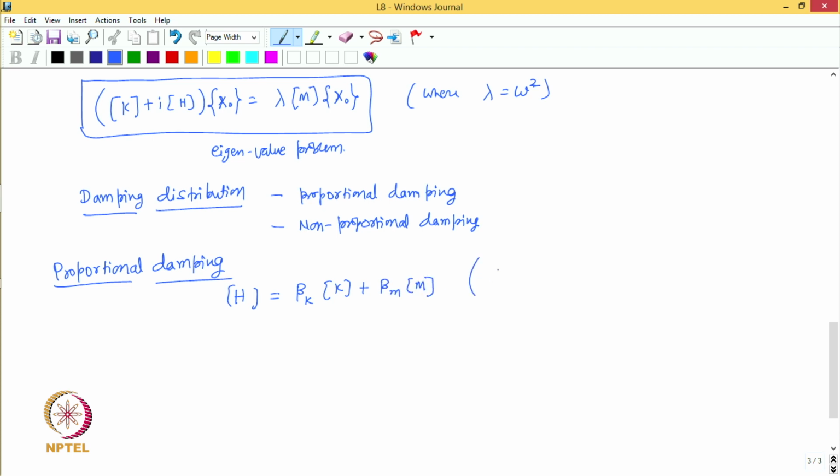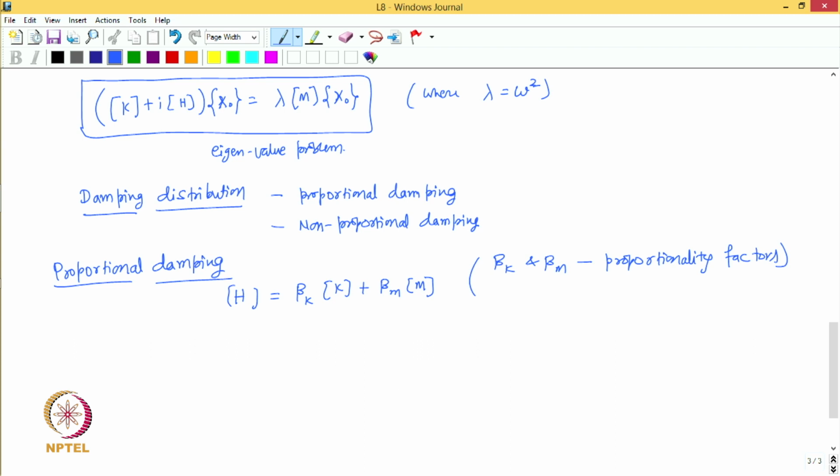Here beta k and beta m are proportionality factors. Okay. So, this is the proportional damping.